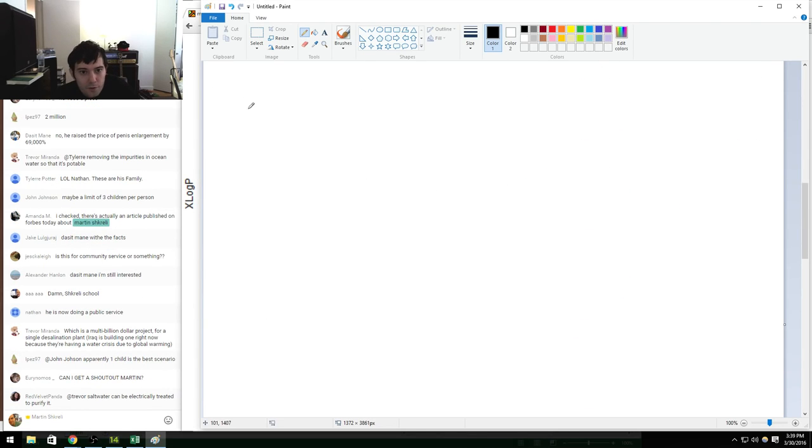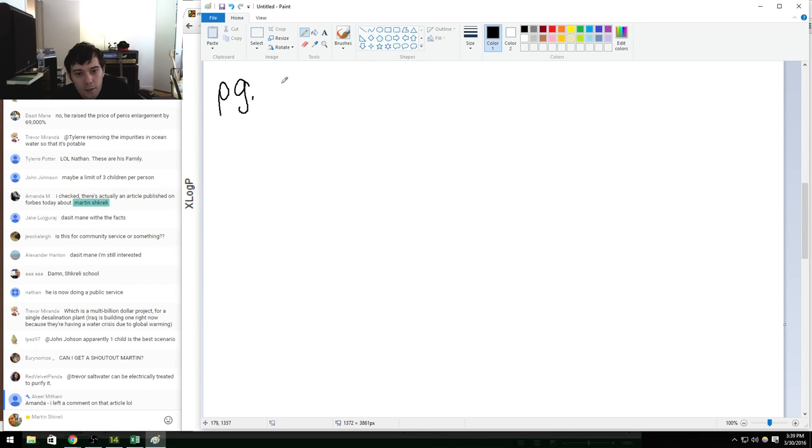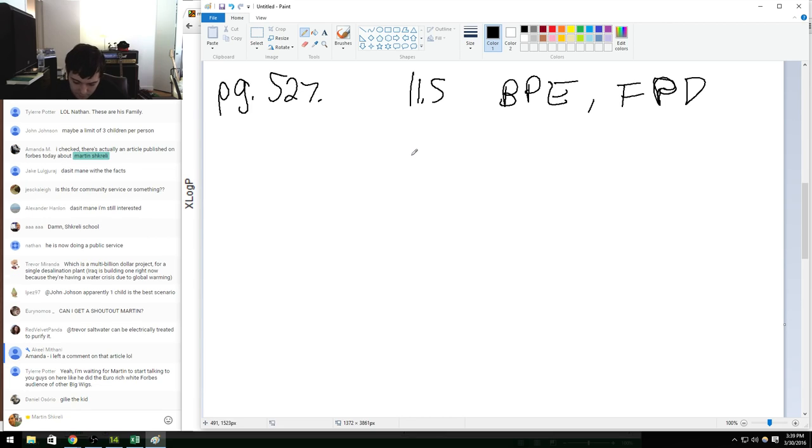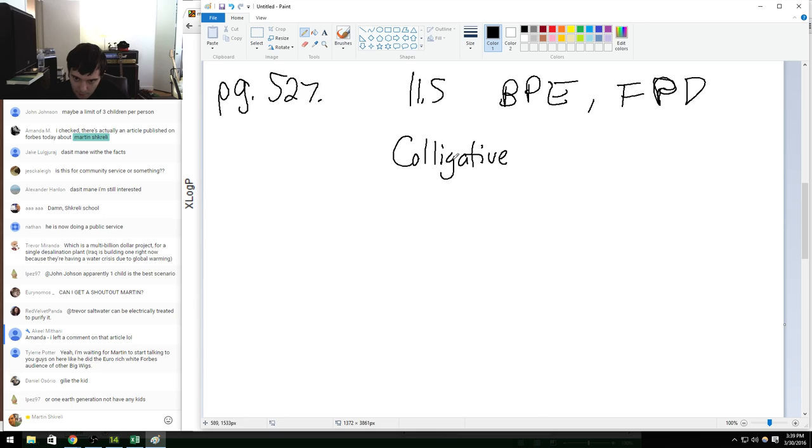And to further that idea, we're going to look at page 527. We're going to look at what we're going to call the boiling point elevation and the freezing point depression. And that's what we just looked at. But these are called colligative properties.